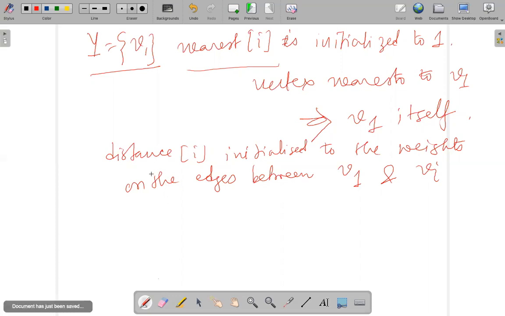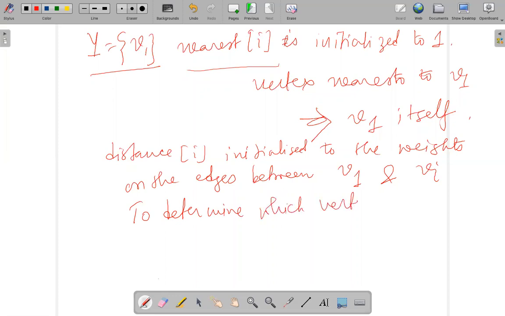Okay, now to determine which vertex to add to Y, like earlier we were doing it mentally, but the computer has to do it in some way.